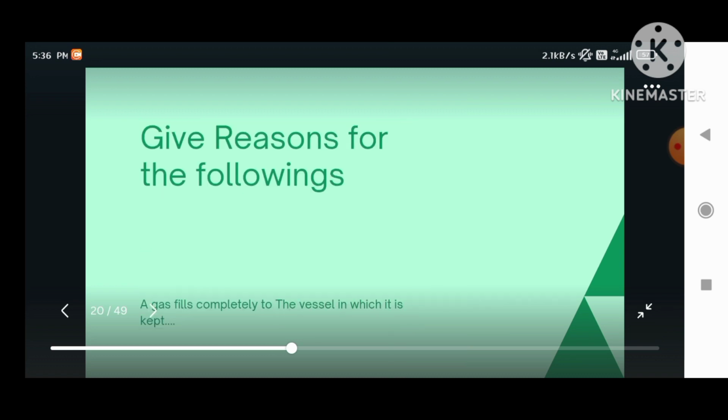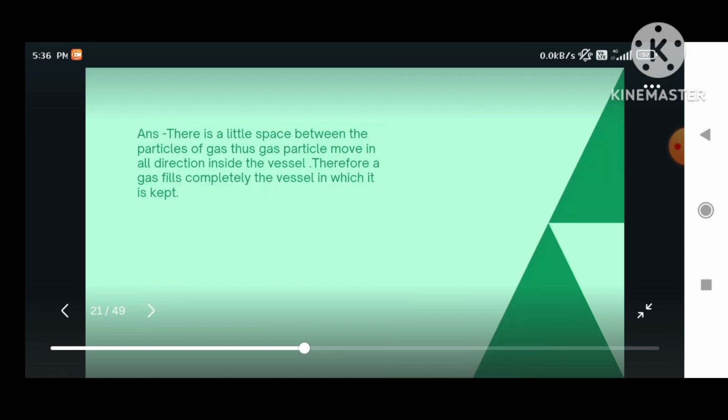Question number 6. Give reasons for the following. A gas fills completely the vessel in which it is kept. There is a lot of space between the particles of gas. Thus, gas particles move in all directions inside the vessel.